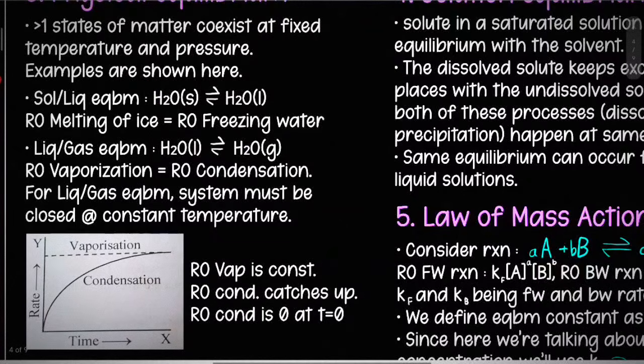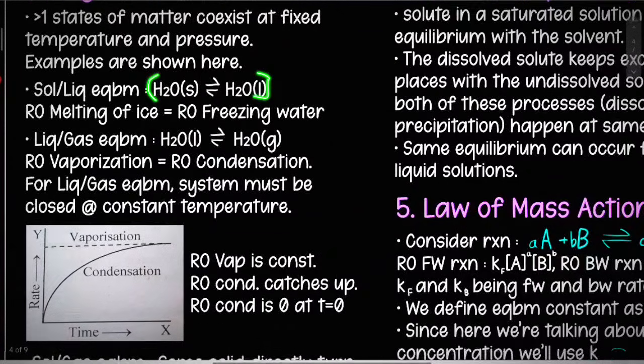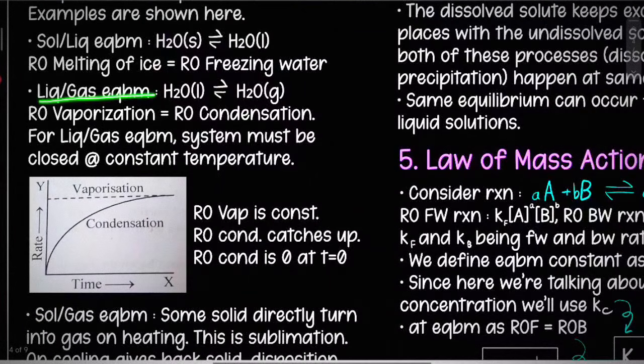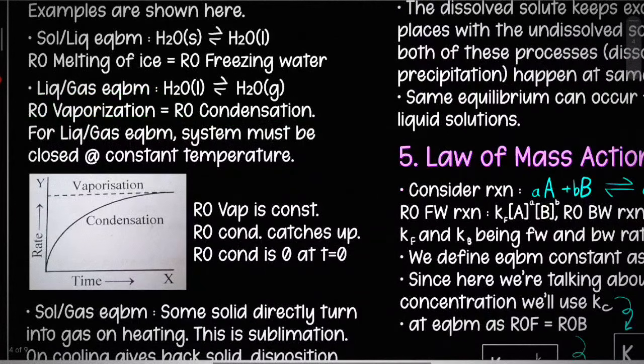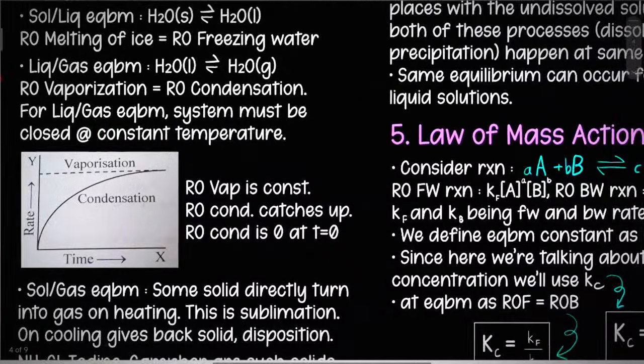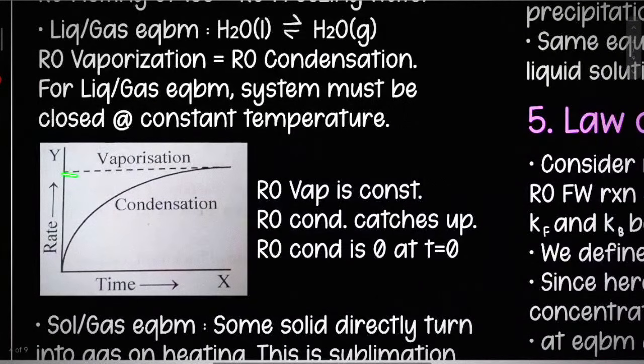So activity is still happening, but both ice and water are coexisting. Similarly, liquid-gas equilibrium: the rate of vaporization is equal to the rate of condensation. For this kind of equilibrium, the system must be closed and the temperature must be constant. The rate of vaporization is constant from the beginning, but the rate of condensation starts from 0 and slowly catches up. That is how liquid-gas equilibrium is attained.